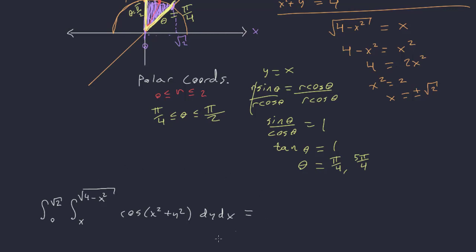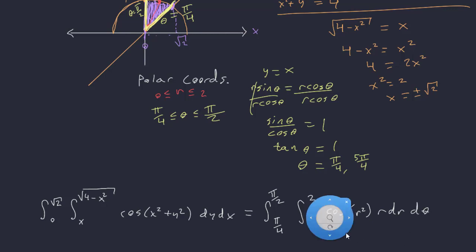Okay, so this original integral that we started with is going to become this new integral in polar coordinates, which is the integral from pi over 4 to pi over 2, then the integral from 0 to 2 of cosine of r squared, r dr d theta.